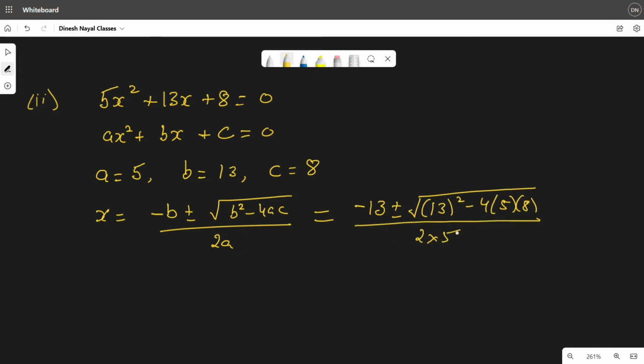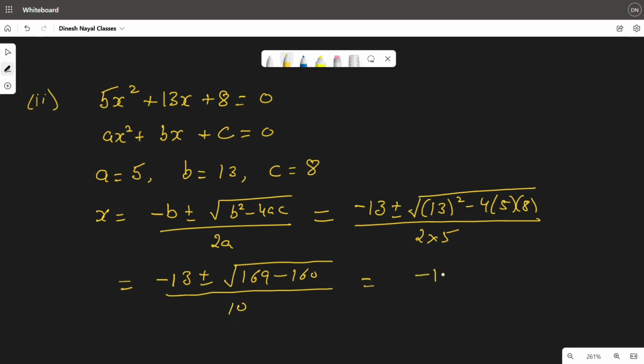Now solving it further, this will be minus 13 plus minus under root, square of 13 is 169, and 8 into 5 is 40, 40 into 4 is 160. So minus 160, upon 10.